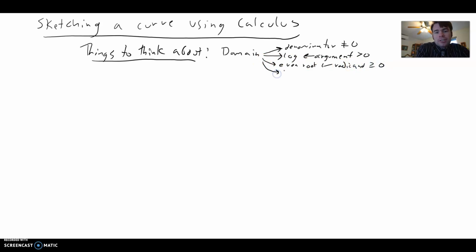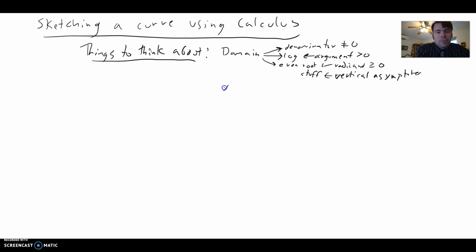And if there's trig stuff, it has its own vertical asymptotes. So each of those vertical asymptotes can be an issue. If you've got tangent, cotangent, secant, cosecant, all of those have domain issues. Come to think of it, so do the inverse trig functions, arcsine and arccosine. So if you have any of those, take a look at those.